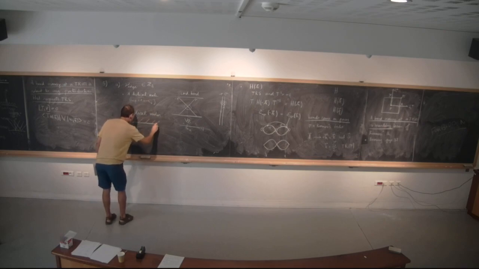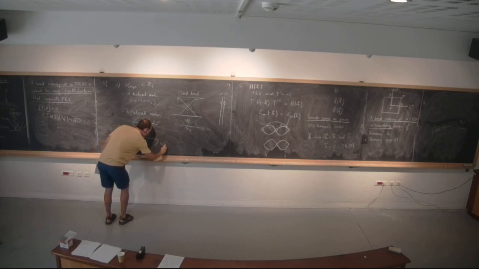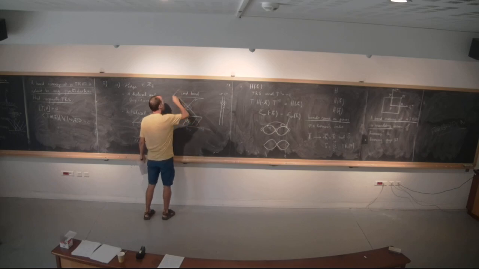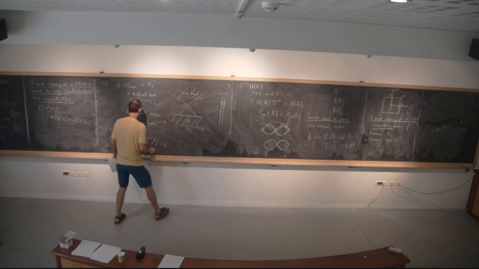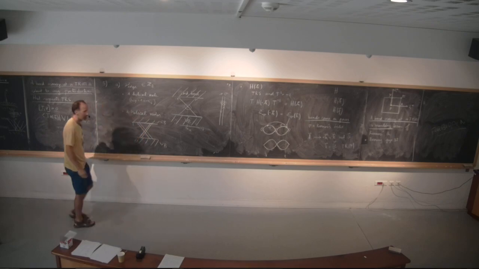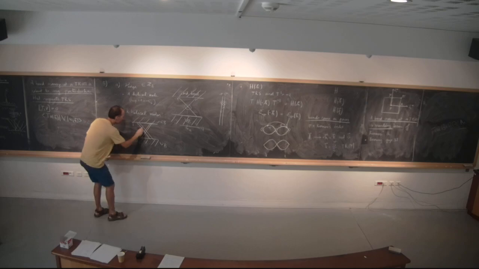So I draw the bands again. This is the valence band, this is the conduction band. And now I have one crossing like this, and I have another pair of helical modes. I have 2 helical modes, and the crossings occur at a TRIM.